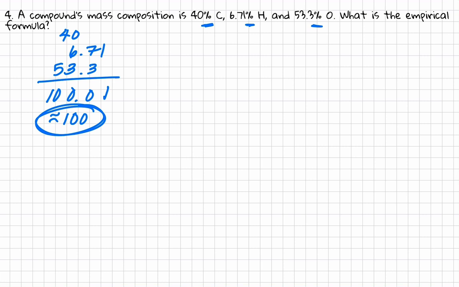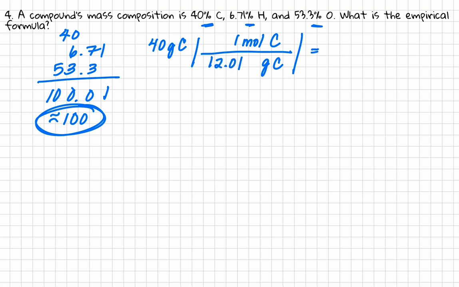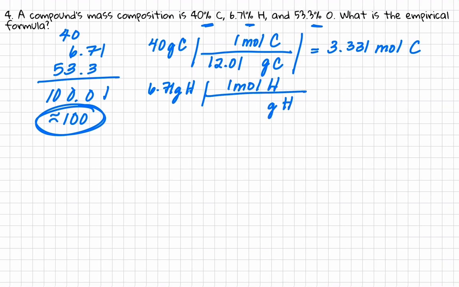So now that really is 40 grams of carbon, doing the math gets me to 3.331 mole carbon. 6.71 grams of hydrogen. 1 mole of hydrogen gives you 1.008 grams of hydrogen.